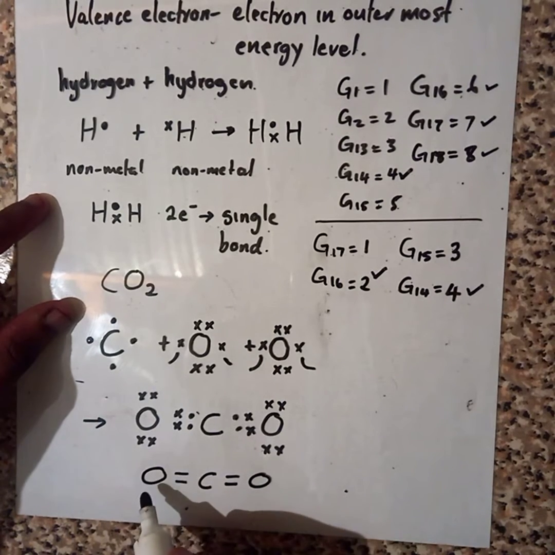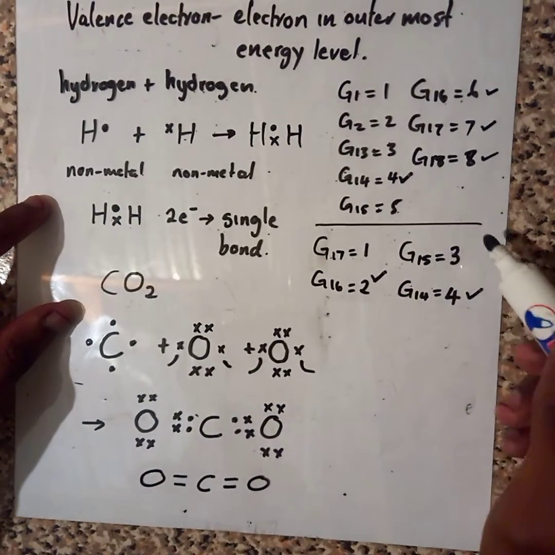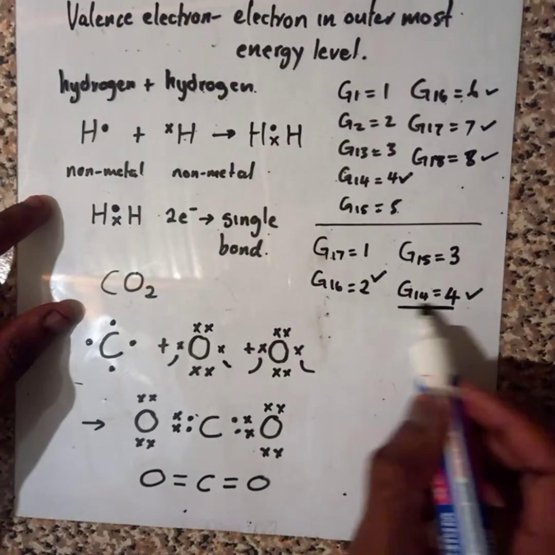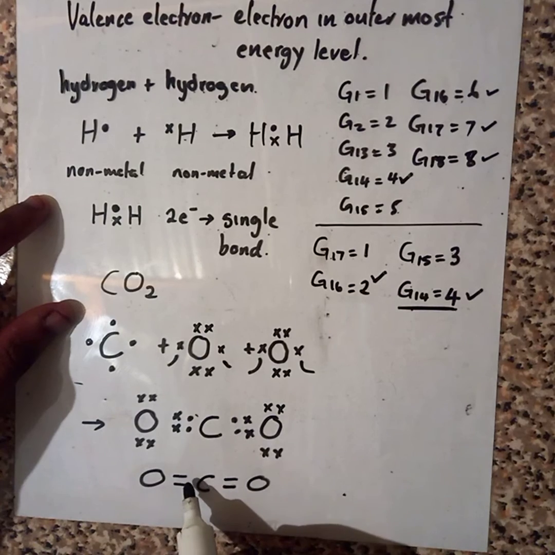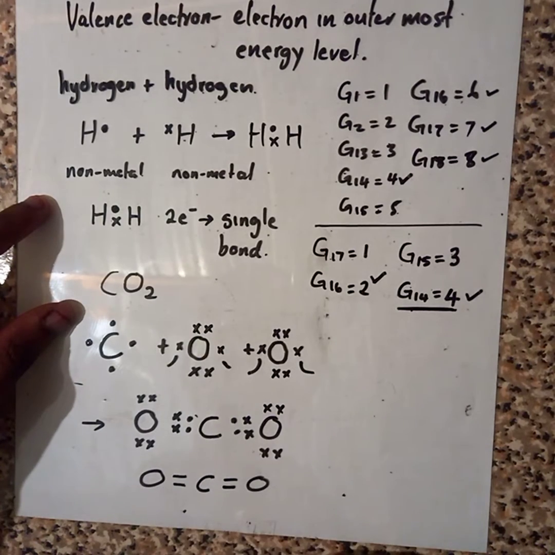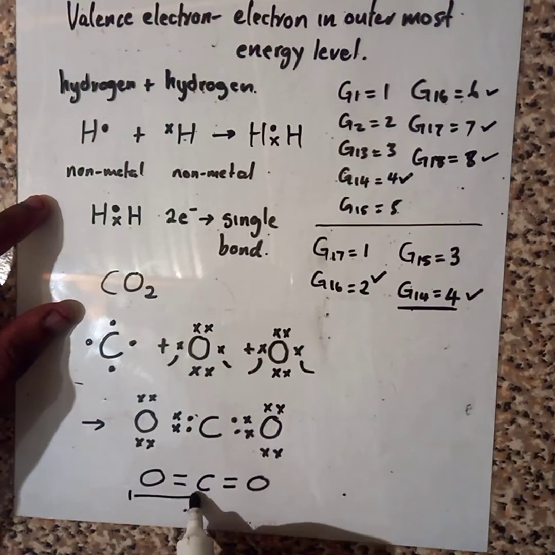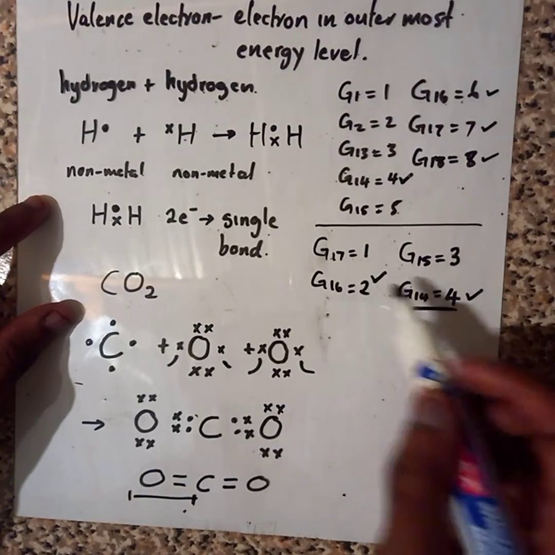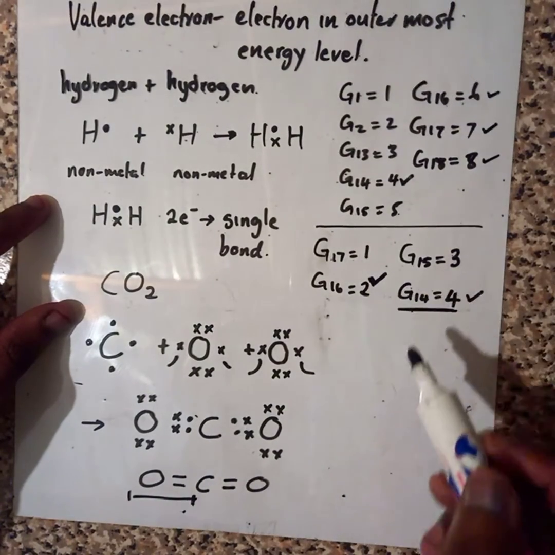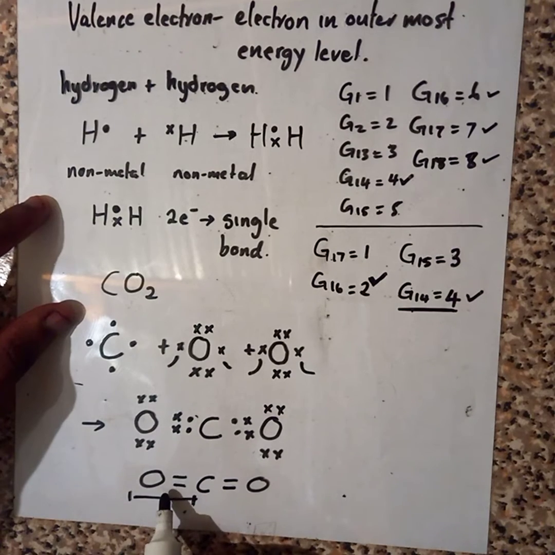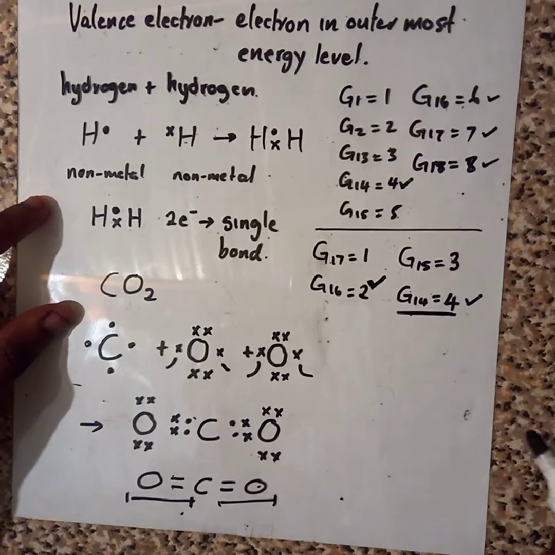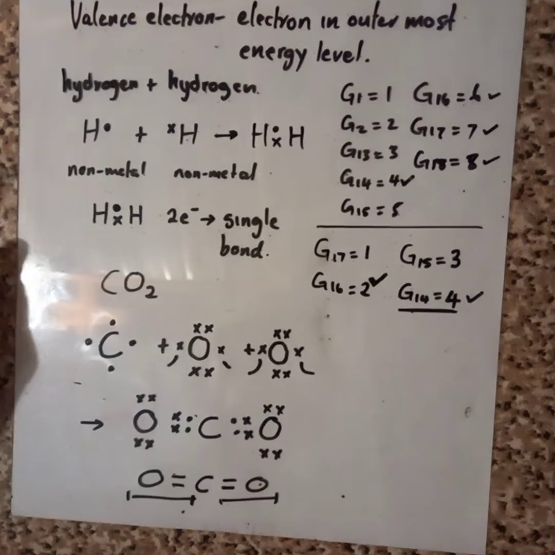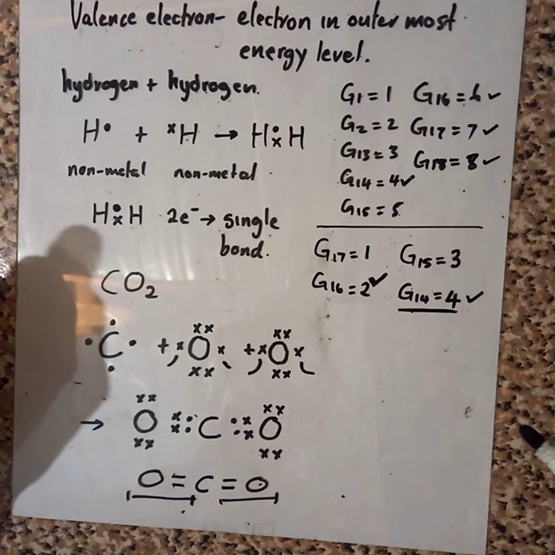You see, I wanted you to see that at the end of the day, carbon in group number 14 is going to have how many bonds? 1, 2, 3, 4. You see, then this oxygen, it is situated in group number 16. It's going to have how many bonds? 1, 2. Same applies to this one. Only 2 bonds. See, I wanted to highlight that.